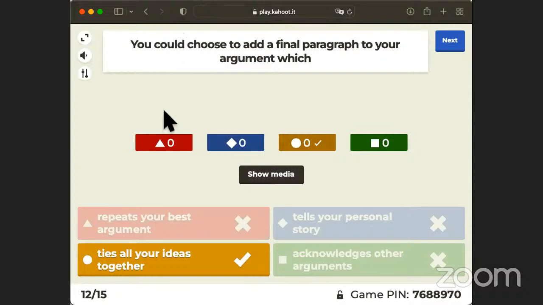Right. So you could choose to add a final paragraph to your argument, which now we know that a final paragraph is a conclusion paragraph. The last one is always a conclusion or summary type of paragraph. So obviously it's going to tie all your ideas up together.